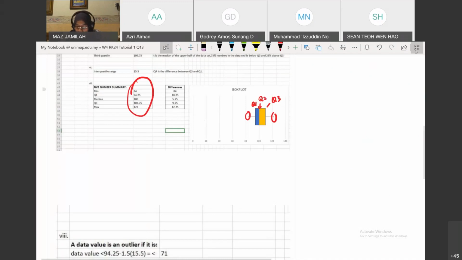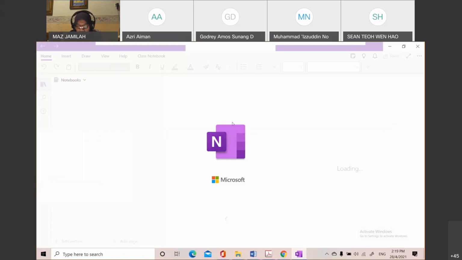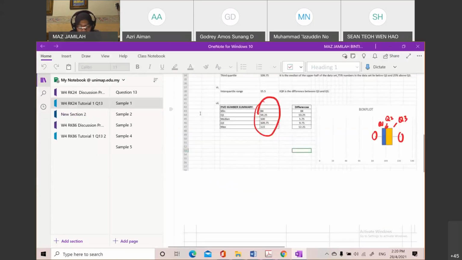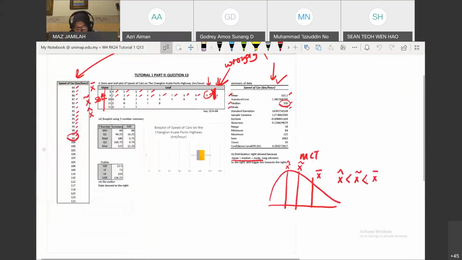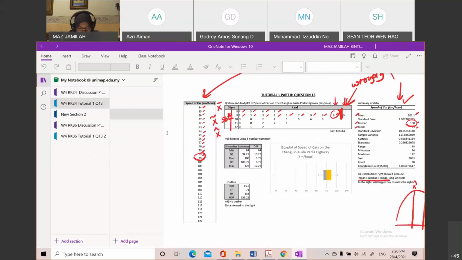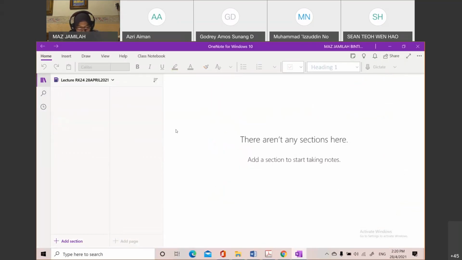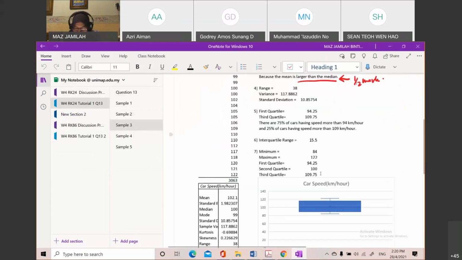So I don't see any problem with the box plots that everyone has done. For the second sample also, I think no problem. The same with the third sample.